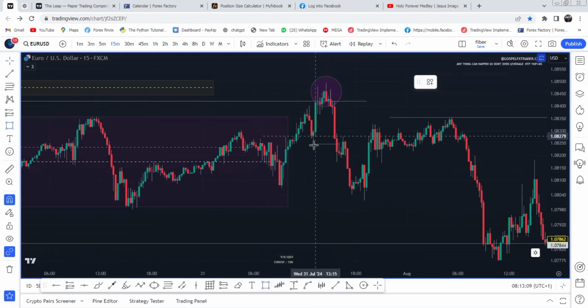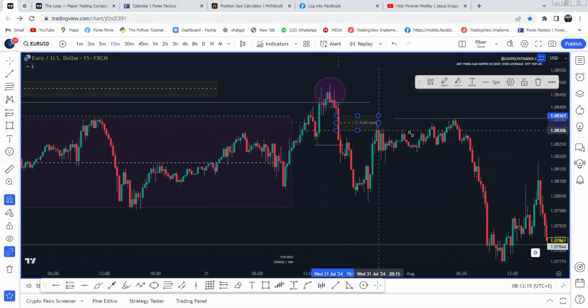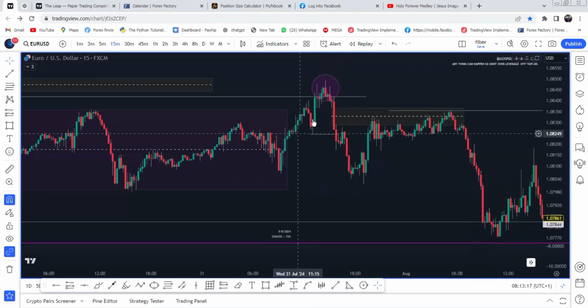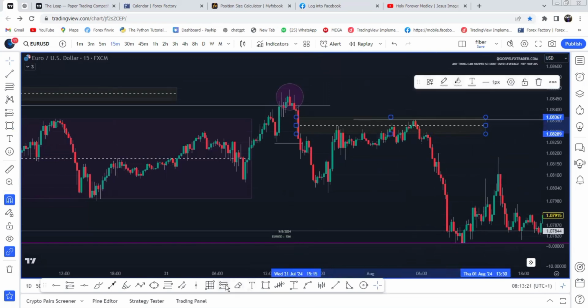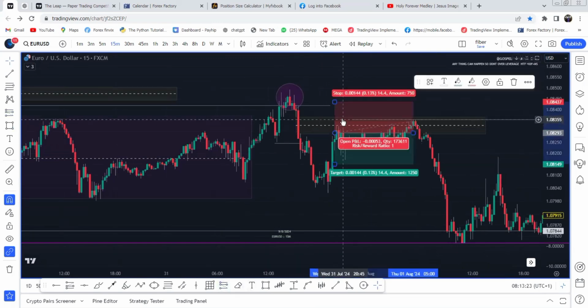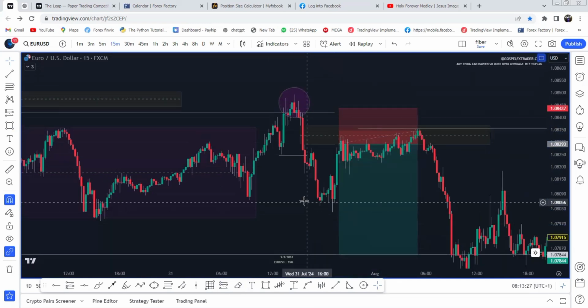So in this case we had a valid break of structure and then price coming back to the OTE here, which is aligning with this fair value gap and also with this breaker. At this point, this is where you would have gotten your sell. You would have been selling from this fair value gap and then you target the daily draw on liquidity.